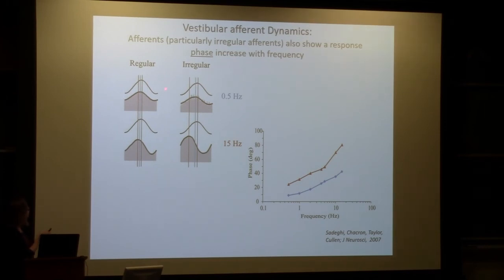So you can say, okay, here's the head velocity, here's the peak of the firing rate, here is 0.5 hertz, here is 15 hertz. And what you see is that as you increase frequency, you end up with a bigger and bigger phase lead. So things tend to move towards acceleration. You tend to lead the actual velocity stimulus when you look at these afferents.